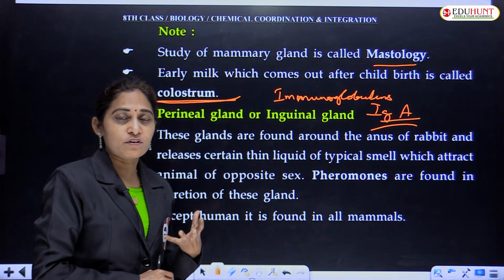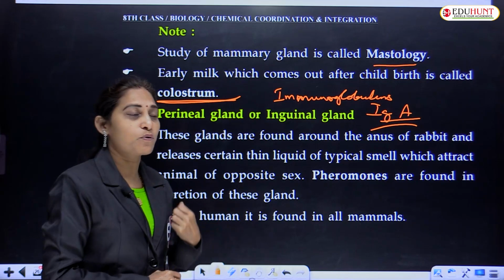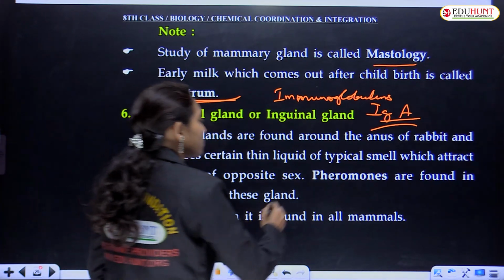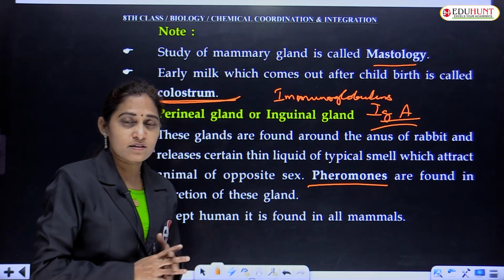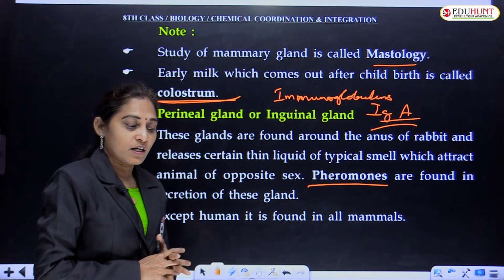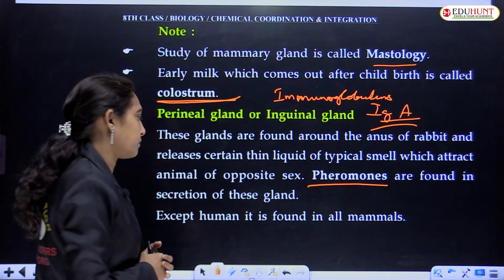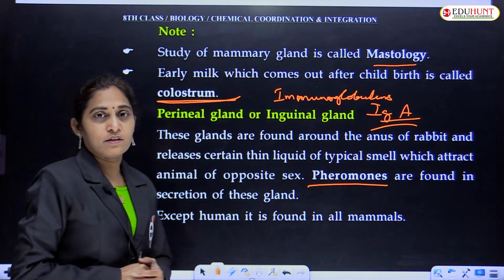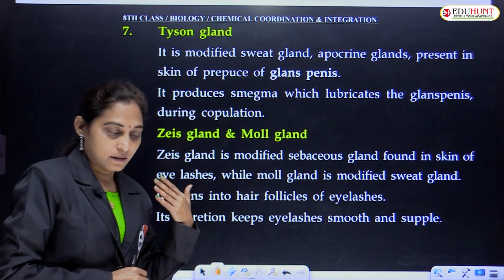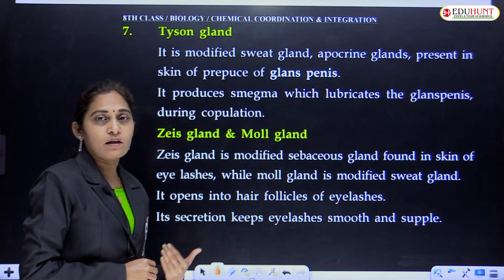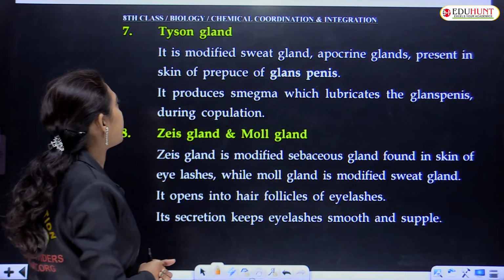They are meant for attracting the opposite sex. Even pheromones are found in these secretions. Pheromones are the substances that attract the opposite sex. Except in human, other mammals have these. In human beings, these inguinal or perineal glands are absent.